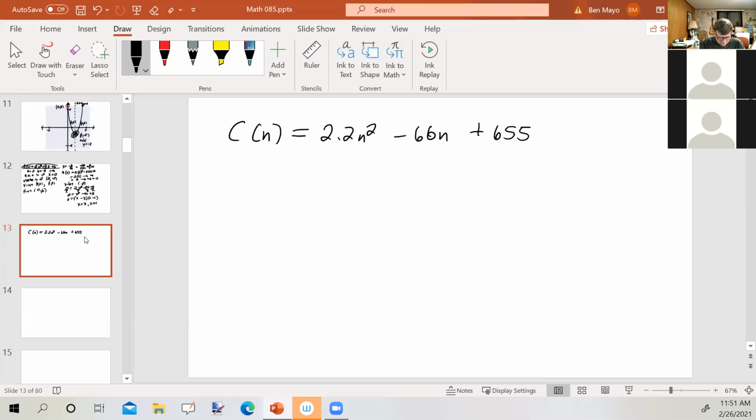For what number of minutes is the cost of running the machine a minimum? And what is the minimum cost?